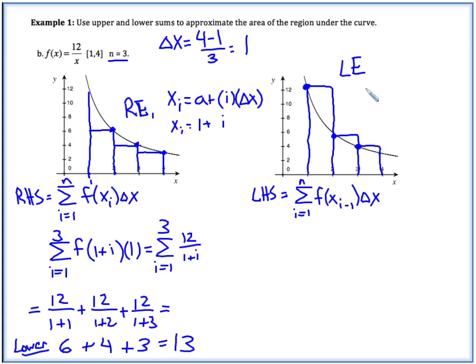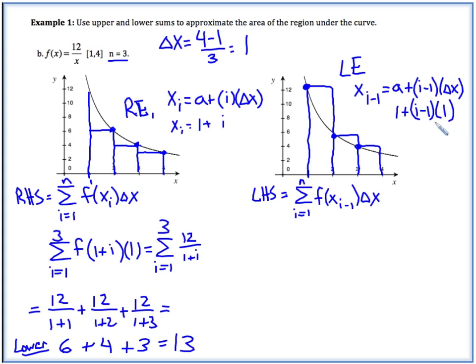Okay, so let's go ahead and find, for our left endpoint, x sub i minus 1. So it's going to be a plus i minus 1 delta x. And a, we said, was 1, because that's the start of our interval. And then i minus 1 times 1.